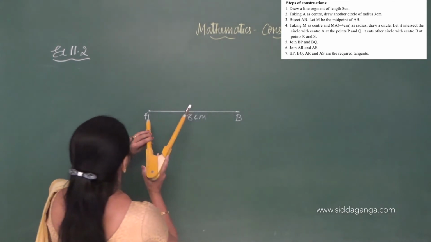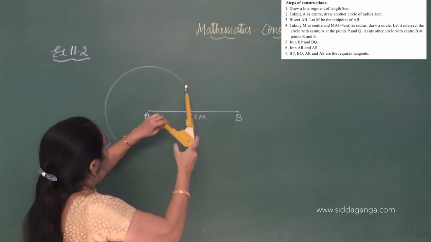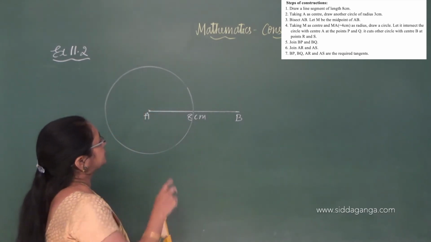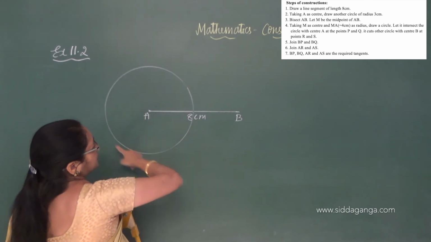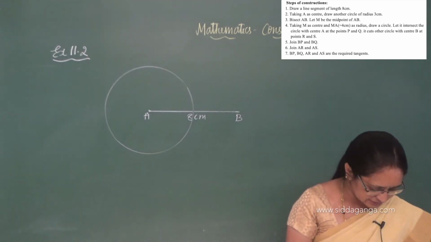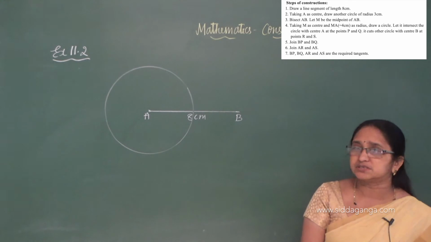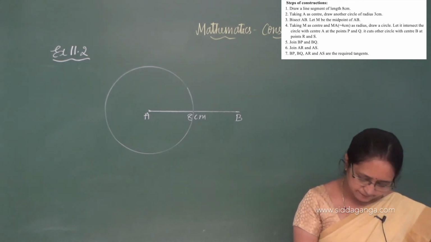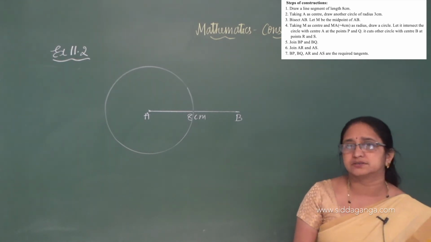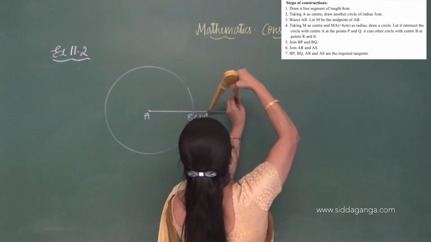Okay, with A as center, we draw a circle with radius 4 centimeter. Next, you can write the steps of construction side by side. With B as center and 3 centimeter as radius, you have to draw another circle.